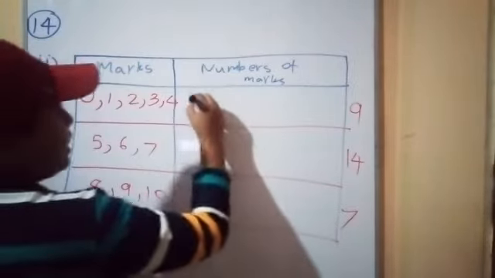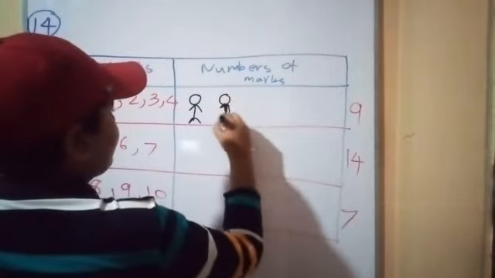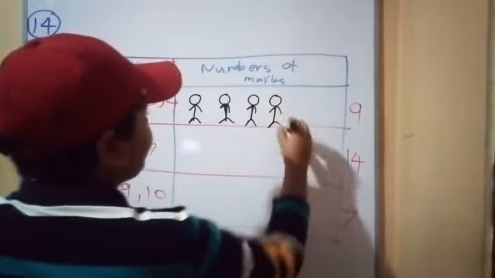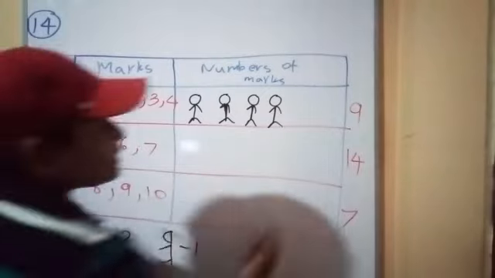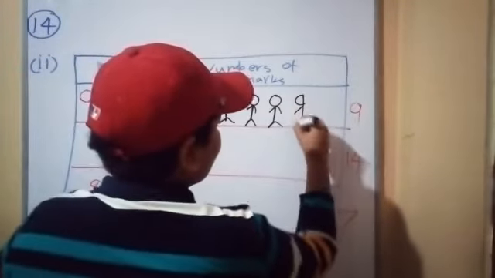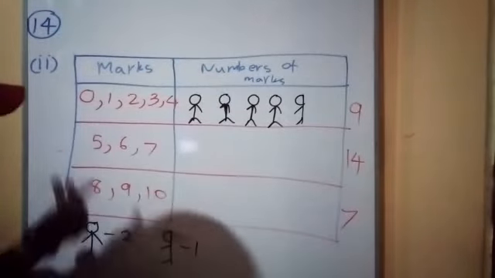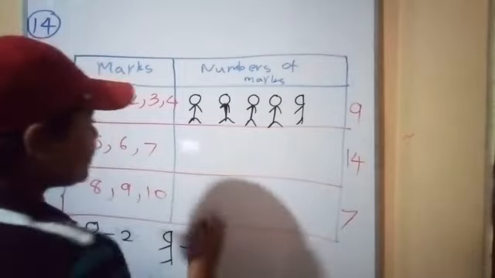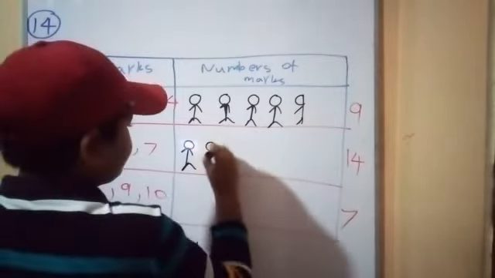That means I want to draw 4 men, because 2 multiplied by 4 is 8 and 9 subtract 8 is 1. Half is the 1. Got a half. Now the second one, 5, 6, 7, 14. 14 divided by 2 is 7. I want to draw 7 men.